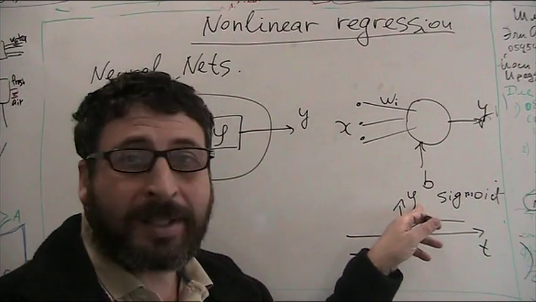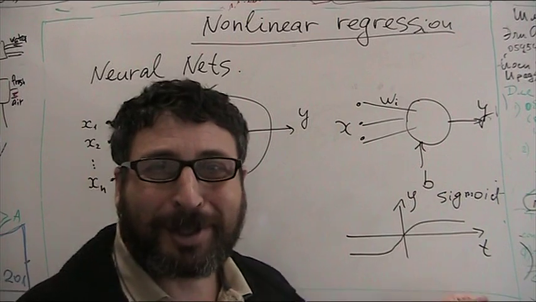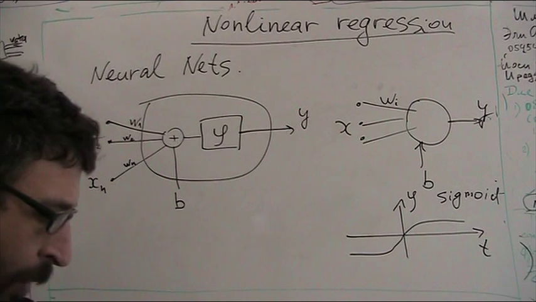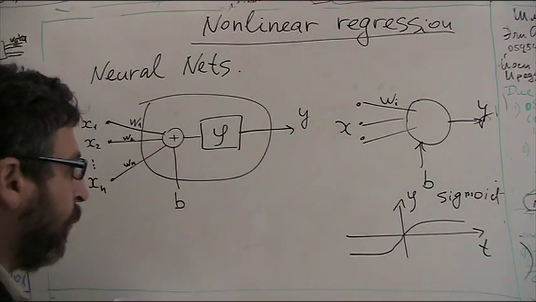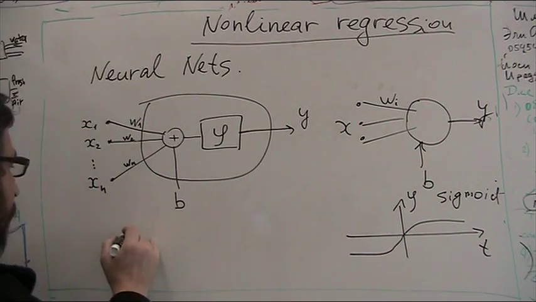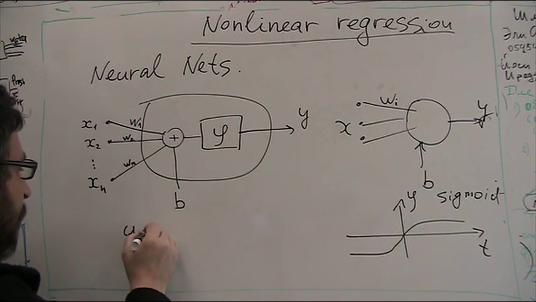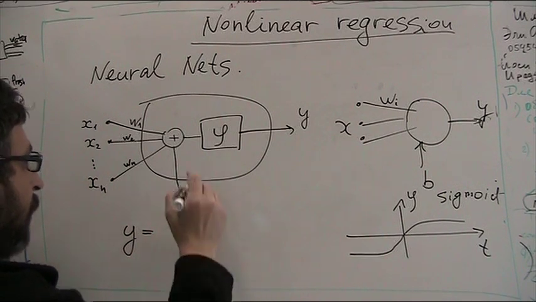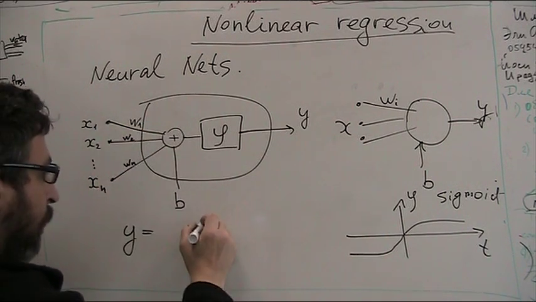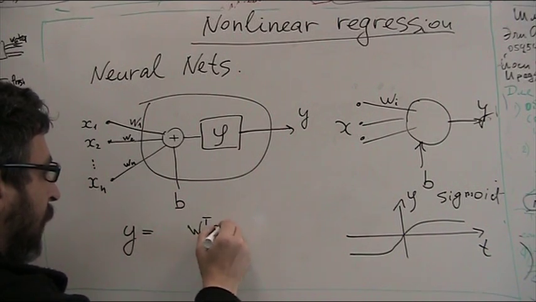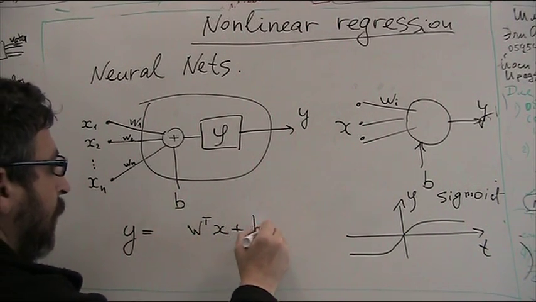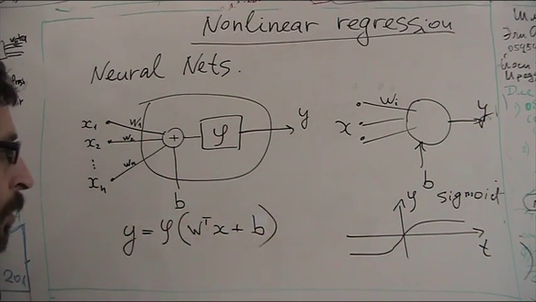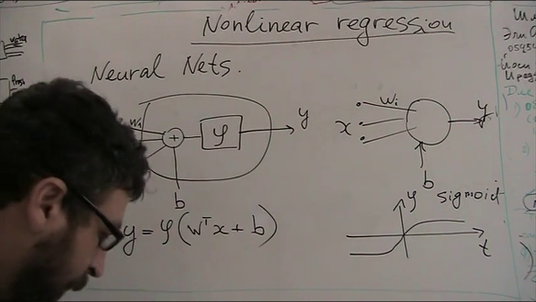And also I should say that sigmoid is a very popular choice, but there are also other choices. And if you like to write formally, we can say that our output y is w transpose x. All w's we can put as a vector, w transpose x plus b. And from this we take a nonlinear function phi.